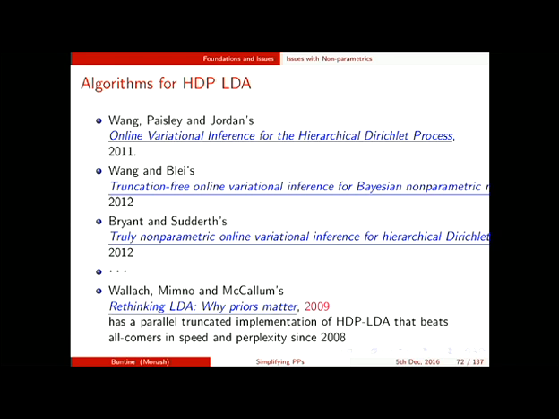So it was just better in every possible metric. But none of these guys realised that they were actually doing what these guys had done. I emailed these guys in 2013: David, did you realise you were doing a truncated version of HDP LDA from the famous 2006 paper? Oh, no, I didn't realise.